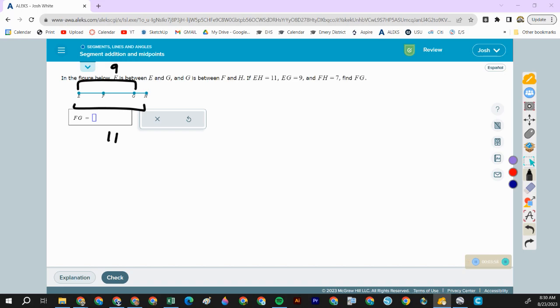F is between E and G. Oh, I'm missing one. FH, so this length here is 7. So which one can I figure out from that information? So the final answer needs to be this.